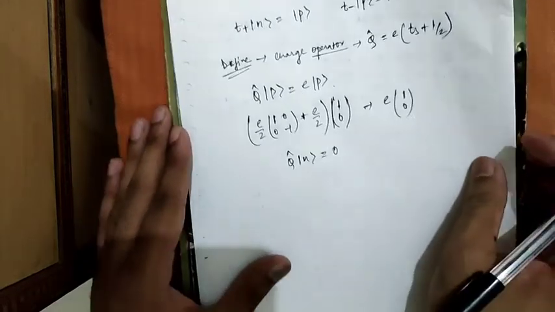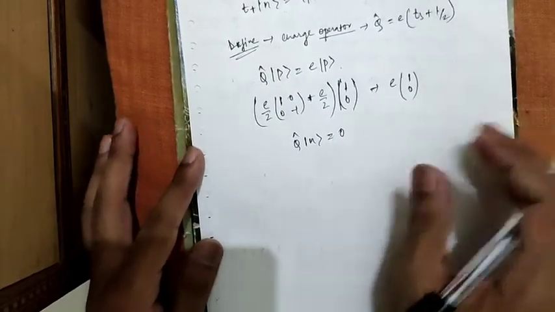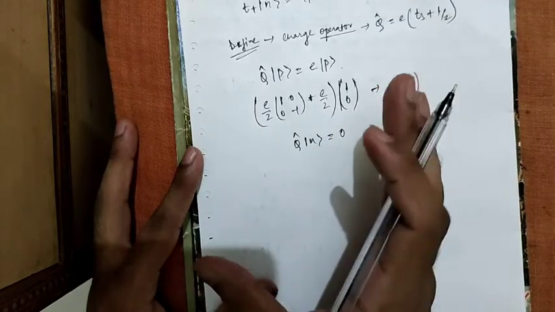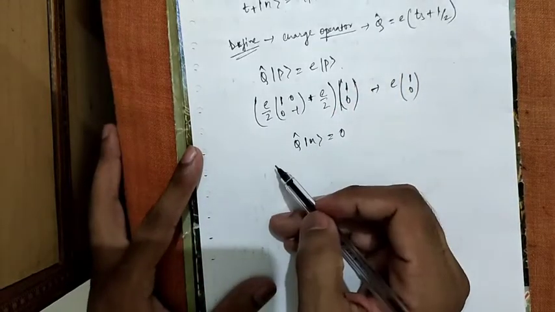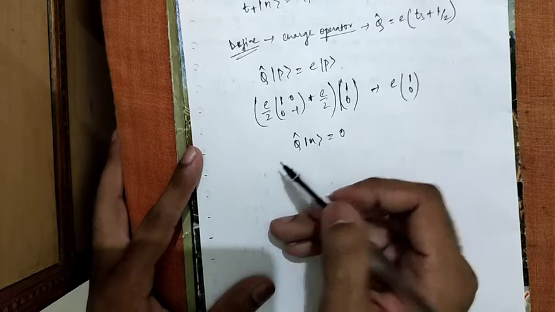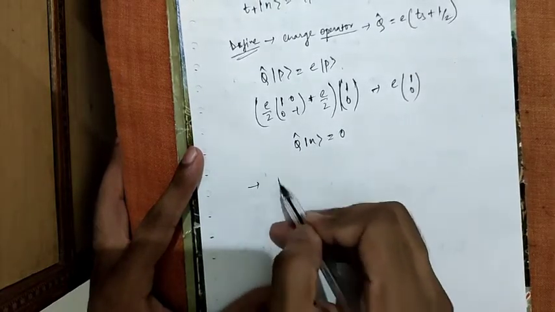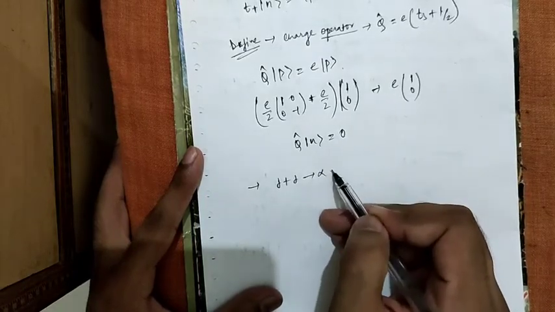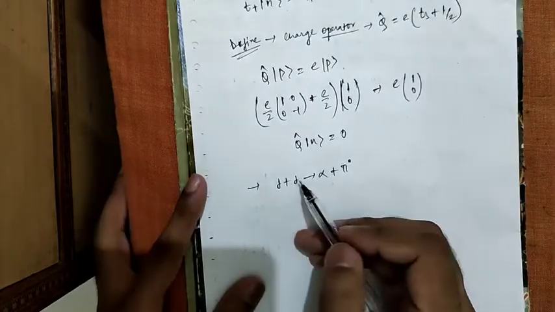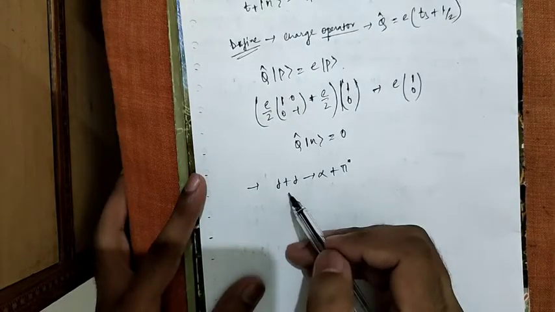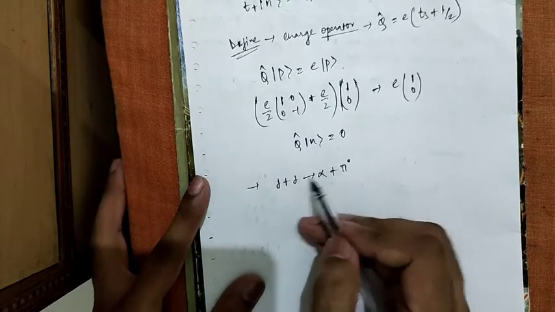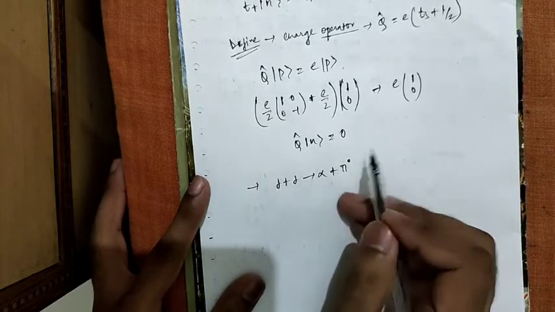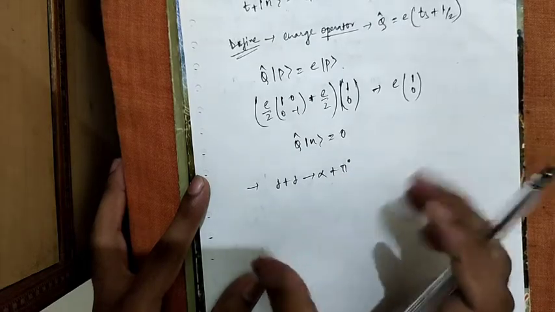Similarly, when the Q operator operates on a neutron state, it gives the eigenvalue 0. Now, isospin is very useful in determining whether an interaction is strong or not, just by knowing whether isospin is conserved in that reaction. Let's say one reaction: d plus d gives alpha plus pion 0. If you don't know these quantities, it's okay. We just want to know whether isospin is conserved, because if isospin is conserved, then the reaction is a strong reaction.